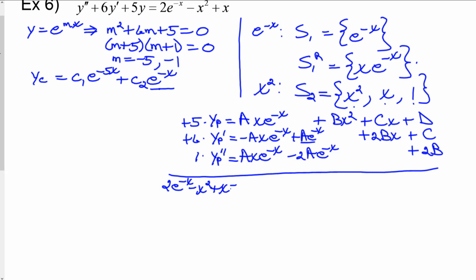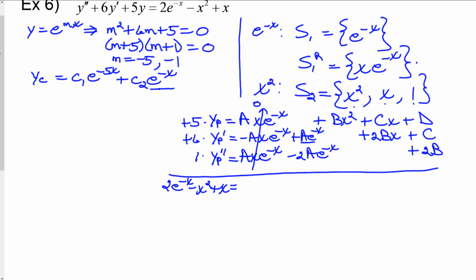So the method of undetermined coefficients is simply a technique for finding the specific constants that will make these functions x e to the negative x, x squared, x, and the constant 1 solutions to the non-homogeneous differential equation. So when you combine your like terms, the column of x e to the negative x gives us 5a minus 6a plus 1a. So this is going to zero out, so we won't have any of those terms left.